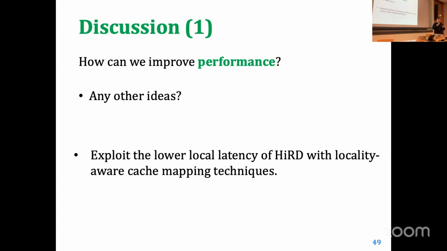If the data is already in the local ring from the start, then we remove most of the data movement. And the paper, when it did its evaluations, didn't exploit this possible advantage. If it was done, then the performance would increase.